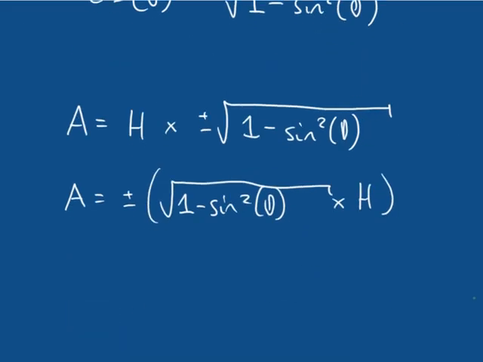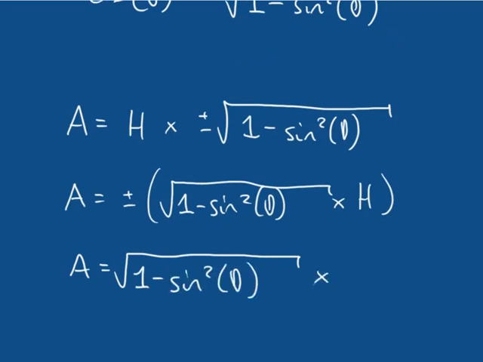Interestingly, we're dealing here with the length of an edge. We've already discussed back in volume 1 again, when we're dealing with plus or minus roots, that if we're dealing with a length of an edge, we only need the positive value because we don't have a negative length. We only ever have a positive length. So we can say that our adjacent is simply equal to the square root of 1 minus sine squared theta multiplied by our hypotenuse.